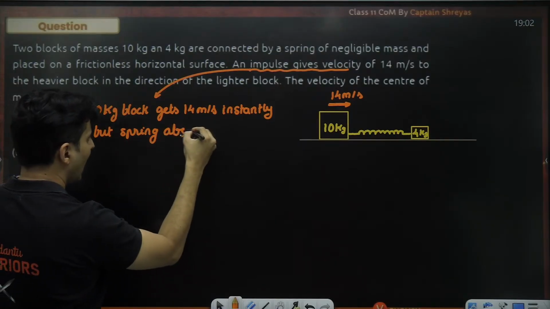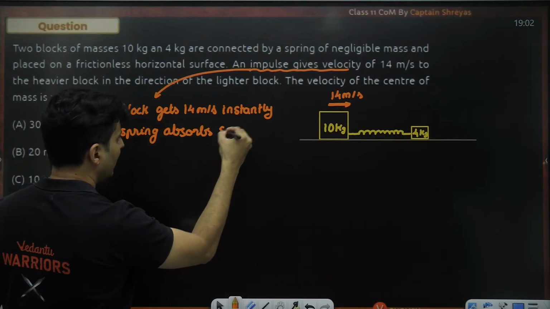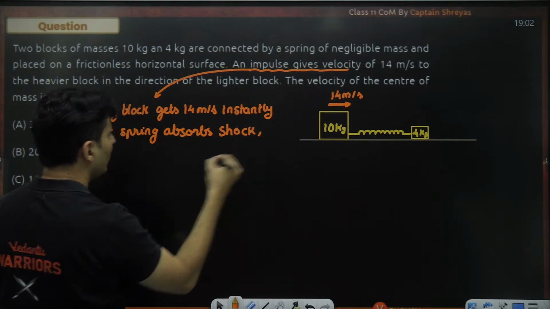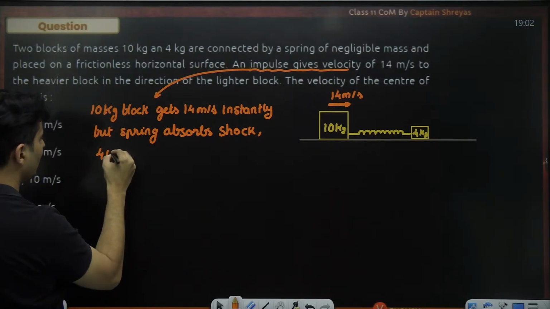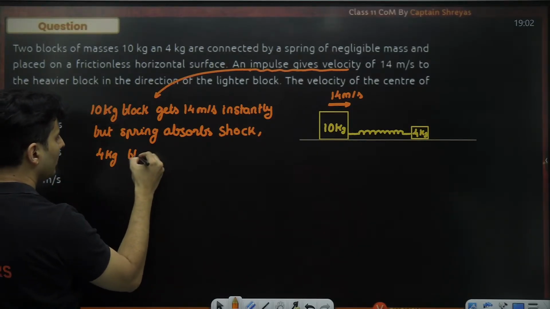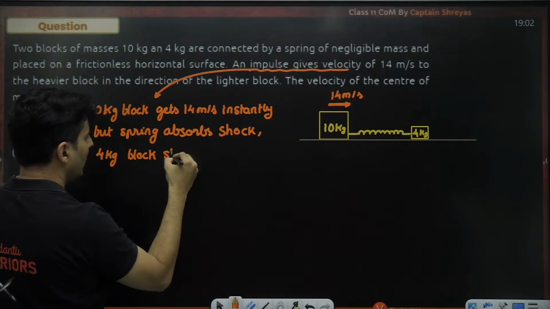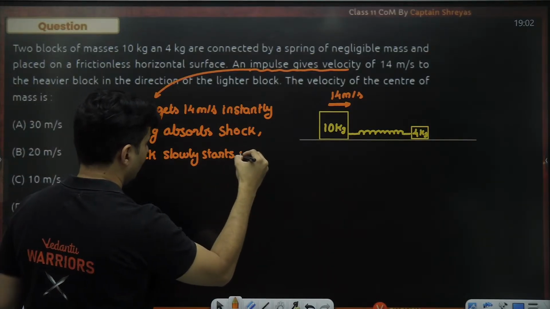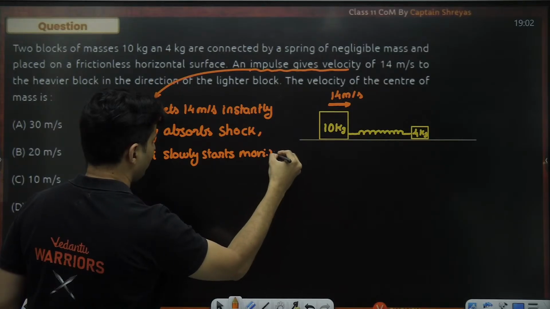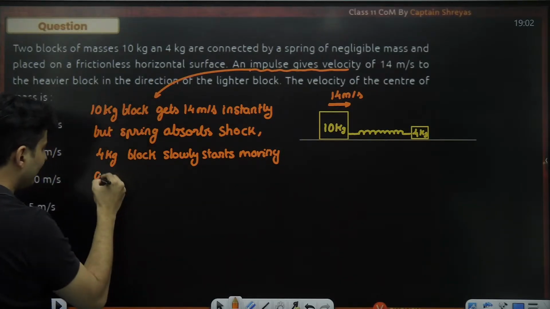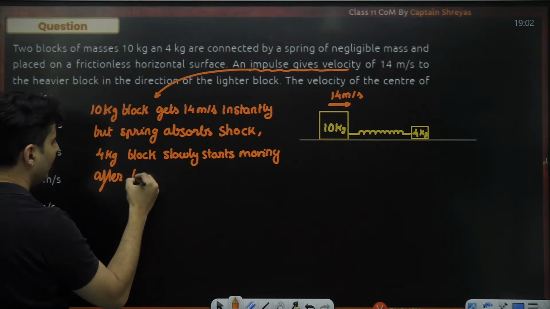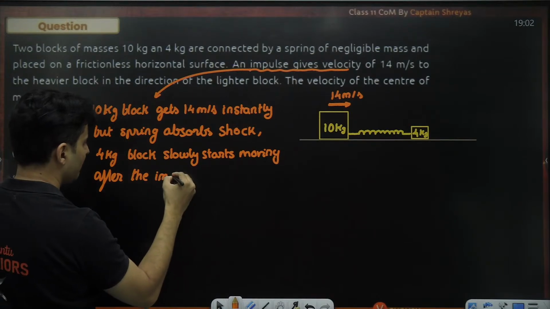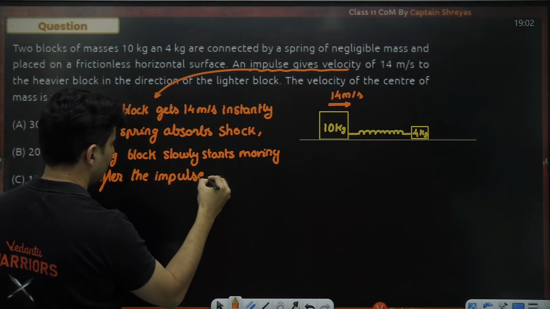The spring absorbs that particular shock, because of which the 4 kg block slowly starts moving after the impulse, not during the impulse.